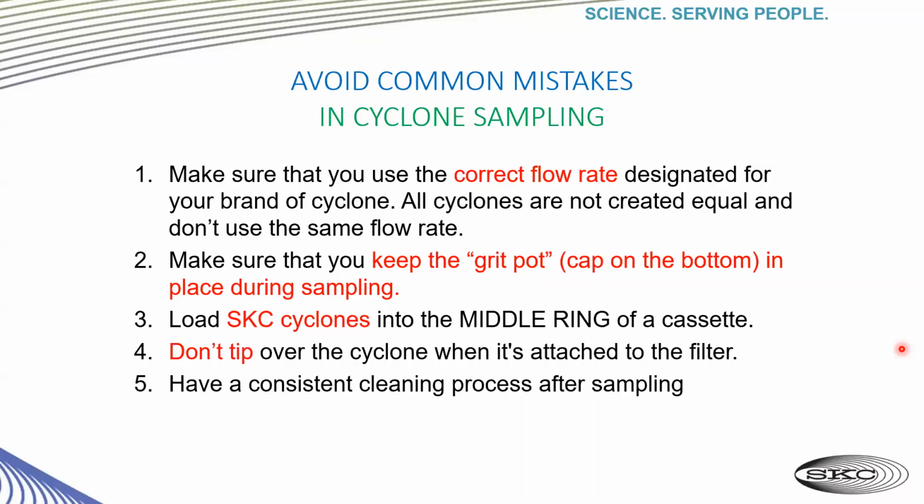Depending on the cyclone type, you may have to remove the inlet portion of the filter cassette to attach the middle ring of the cassette to the cyclone. If the person setting it up removes the wrong portion or doesn't remove any portion at all, it can cause the sample to be contaminated or compromised. And again, don't tip or turn over the cyclone during or after the sample until the filter cassette has been removed.